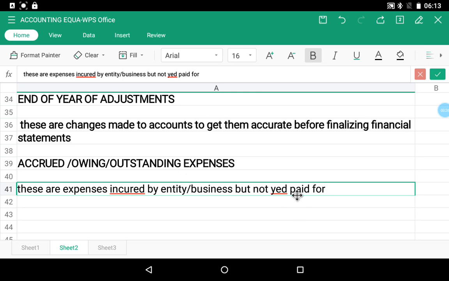When you talk about these expenses, you have used them, but you have not yet paid for them.